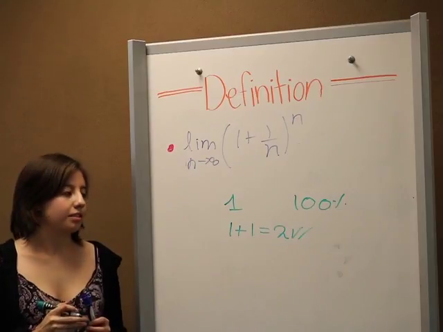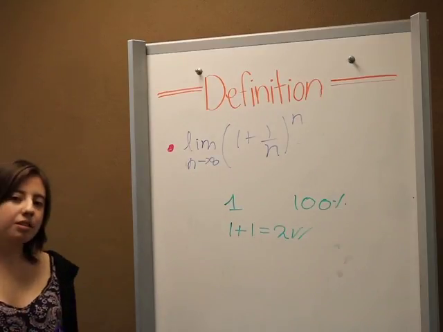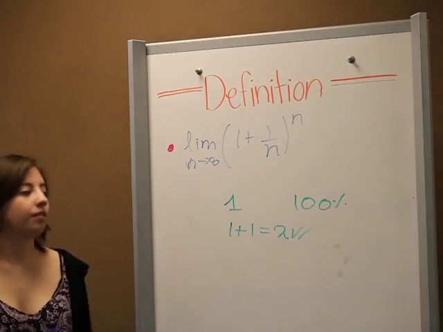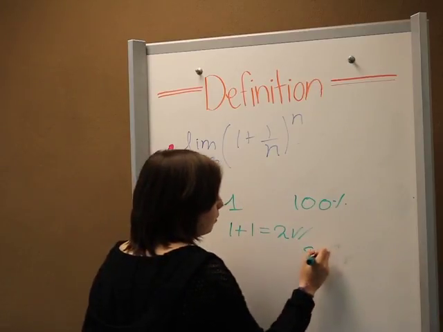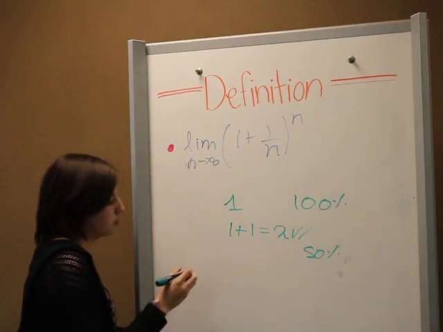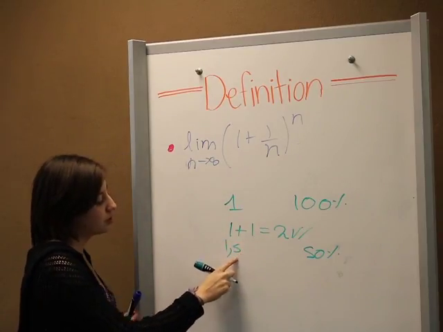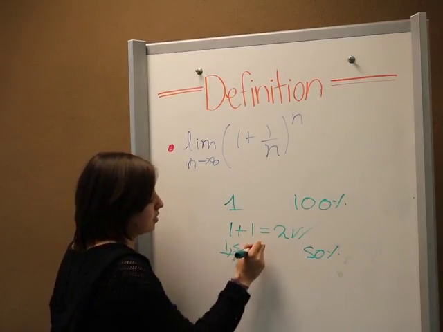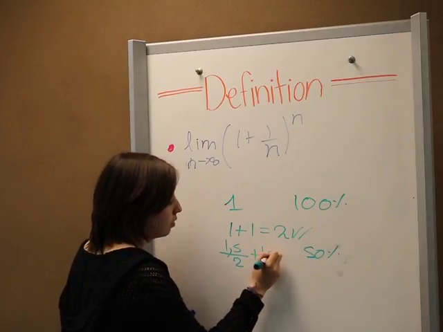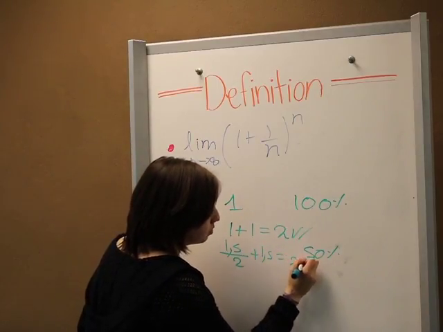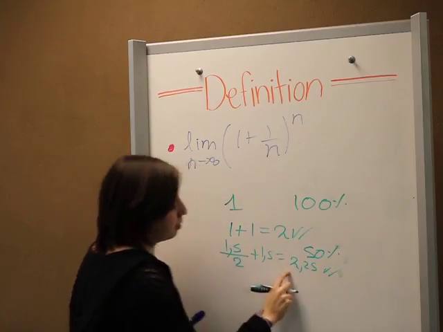But you're smarter than the bank, so you tell them, okay, let's reduce the interest by half. You'll receive 50%. In 6 months, you'll have 1.5, and in the other 6 months, you'll receive half of this plus what you had before. It means 2.25. Better, do you see?